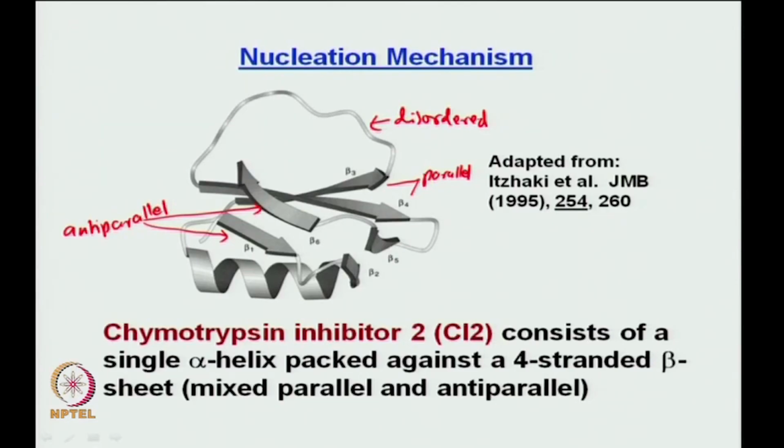So, it does not really matter, but what is really important is the mixed parallel antiparallel even in such a small protein. So, anyway, coming back to the main discussion point, what the first group found was that this protein folded through 2-state kinetics, right. It folded through 2-state kinetics, that means it had no intermediate. If it is 2-state, it cannot be having an intermediate, right.